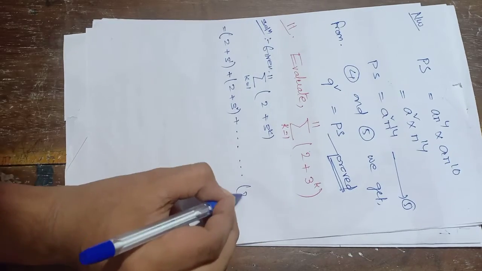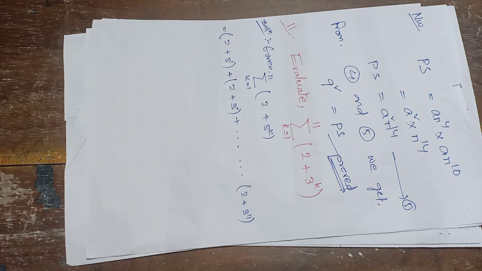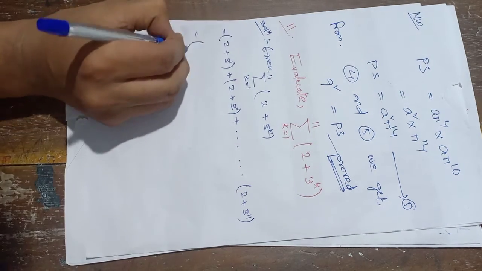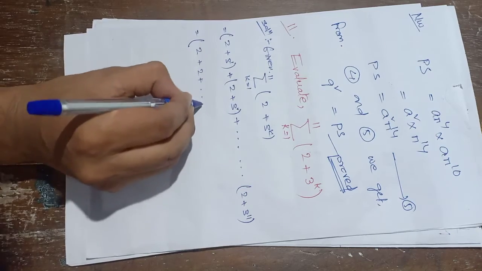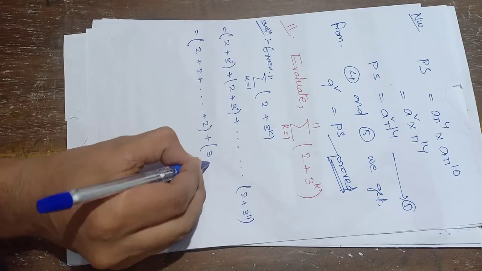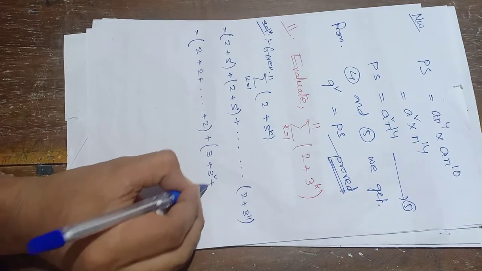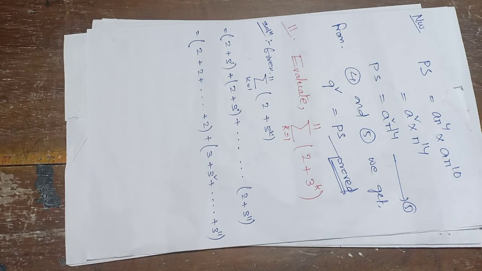The last term is 2 plus 3 to the power 11, right? Now in the first bracket we write all the 2 terms, 2 plus dot dot dot 2, and in the second bracket 3 plus 3 square plus dot dot dot 3 to the power 11, right?